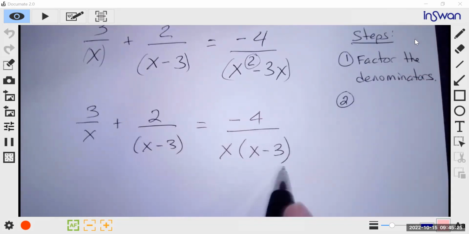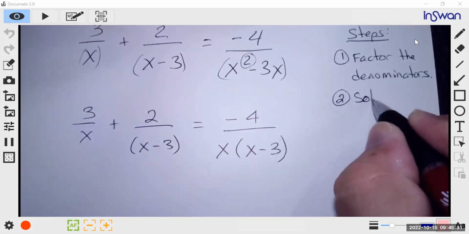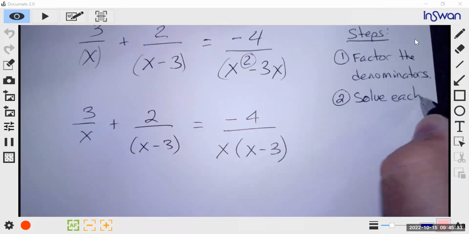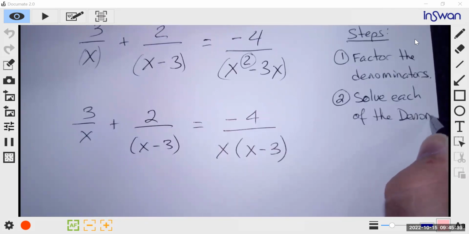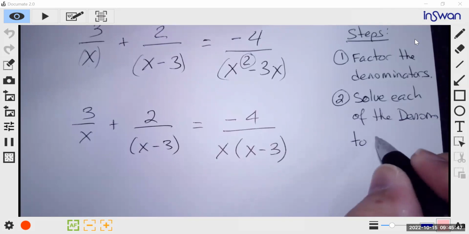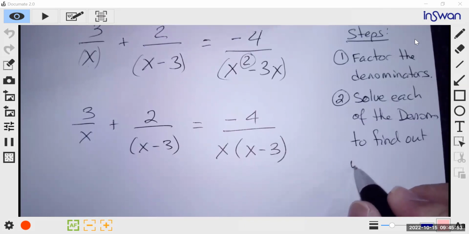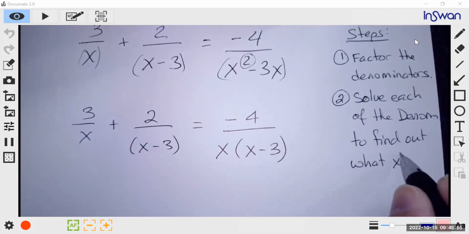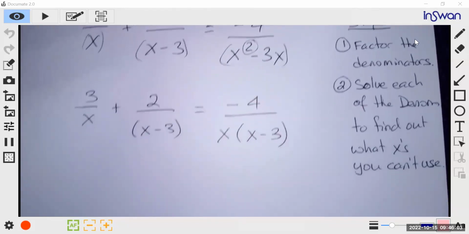The next step, once you factor out the denominators, solve each, in other words, set them equal to 0 and solve for them, to find out what x's you can't use.